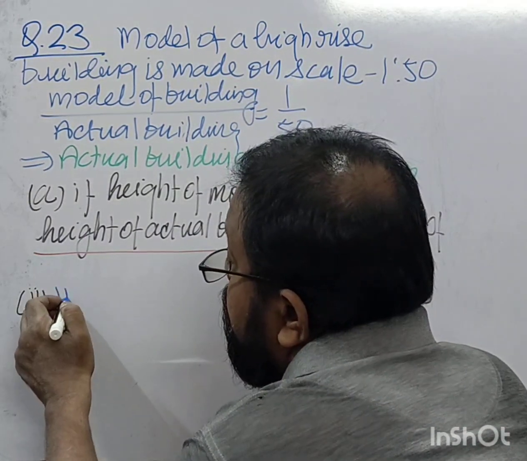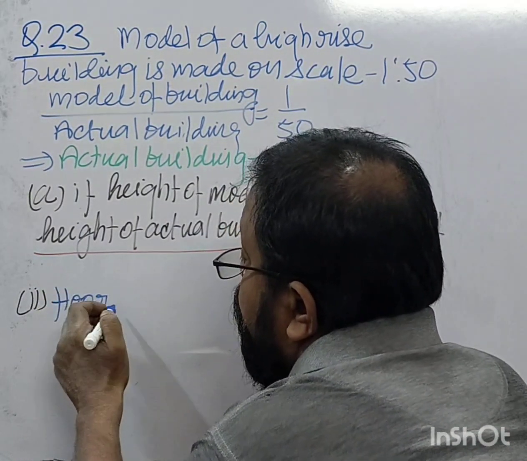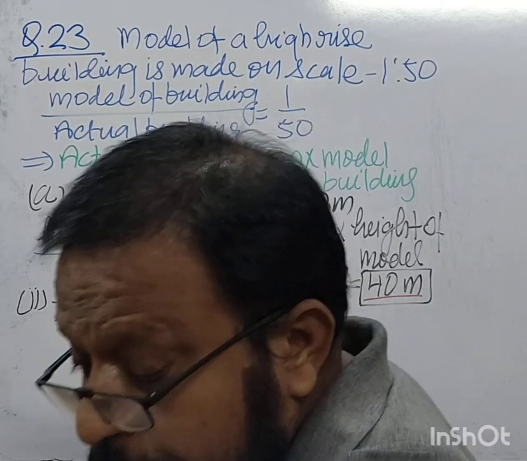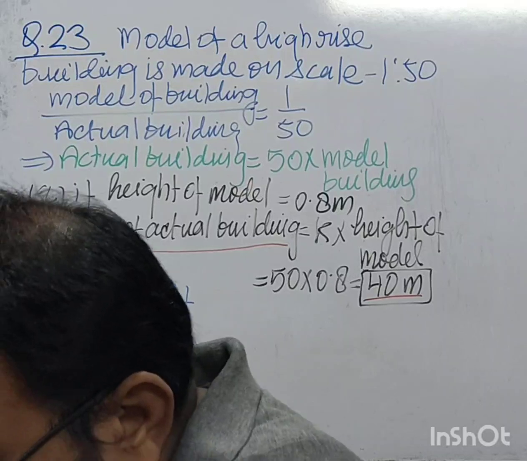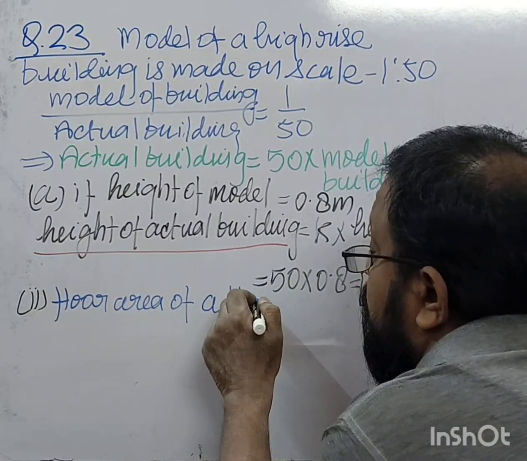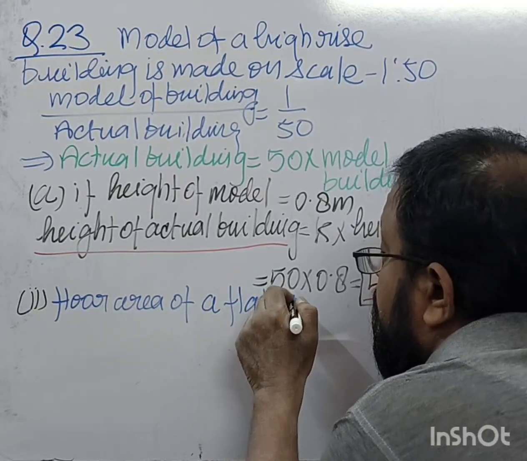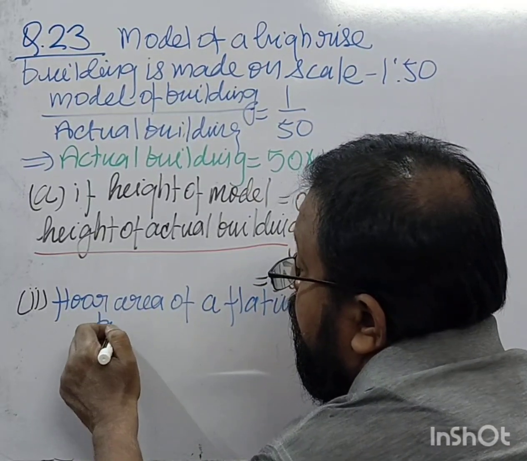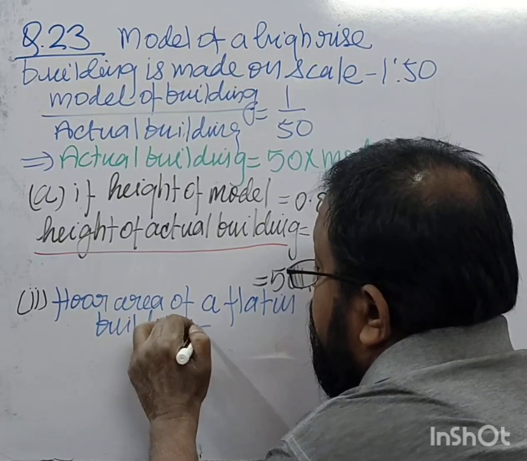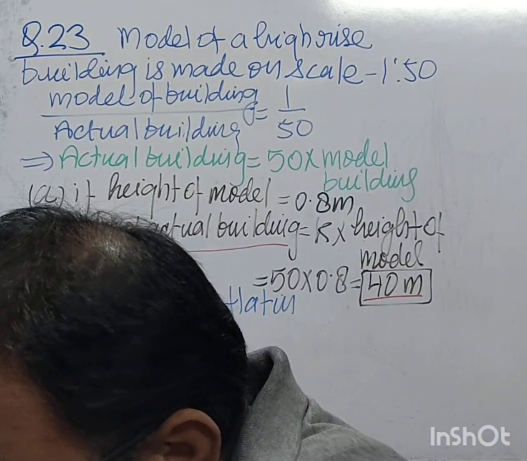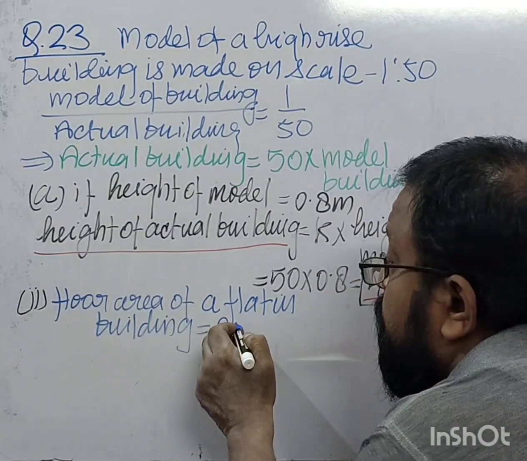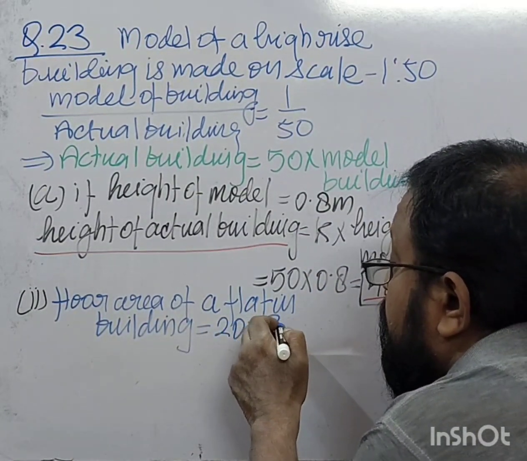The floor area of a flat in building is equal to how much? 20 meters square, right?